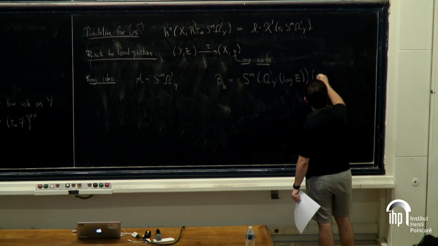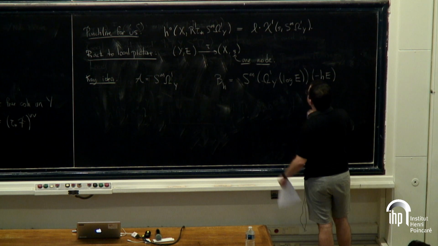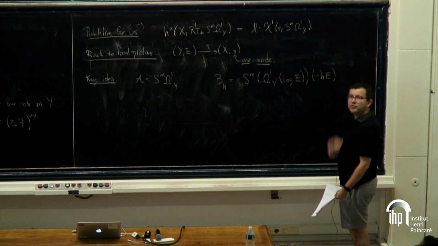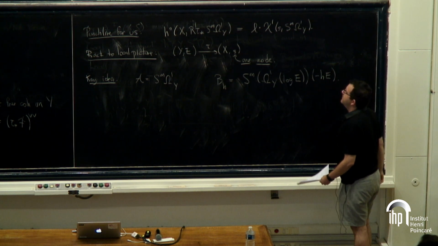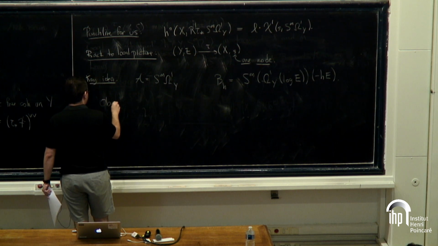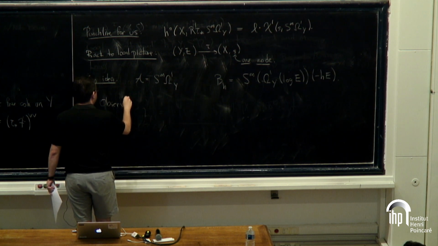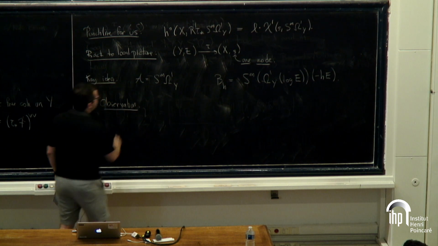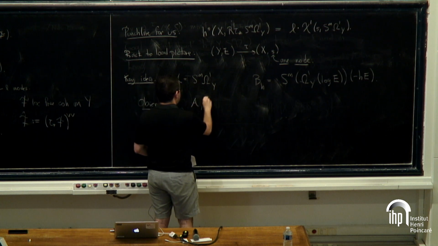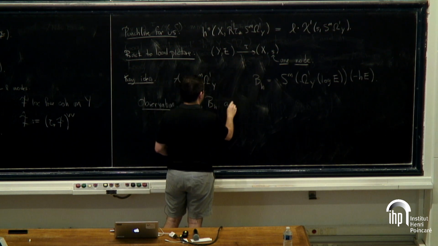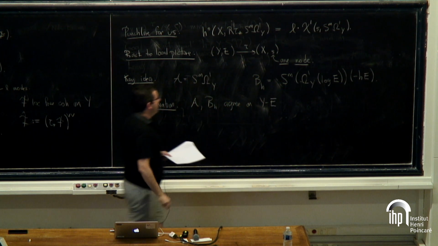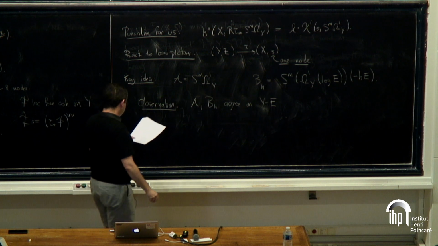And then we're also going to put in a twist that says after I take all of these symmetric differentials, then I might allow some zeros along E. And you might wonder why you would ever do something like this. But the observation is that if I restrict to Y minus E, well, these sheaves agree. So this A and this B agree on Y minus E, because I don't have to impose anything on E.